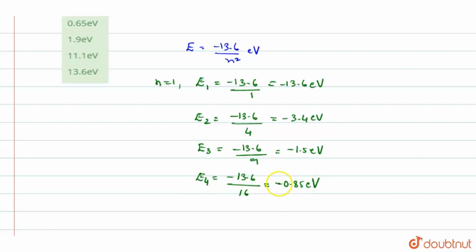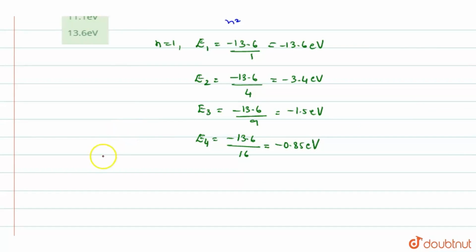So when you go to higher orbits, you get the energy with a lesser value. Now when it makes a transition, from the third orbit to the second orbit, or from the fourth orbit to the third orbit, for example, consider E3 minus E2.